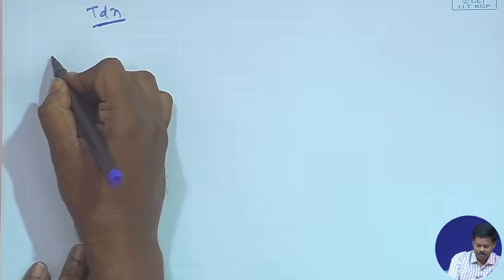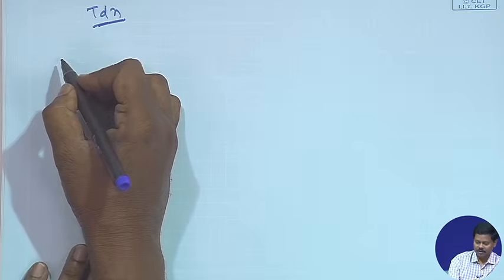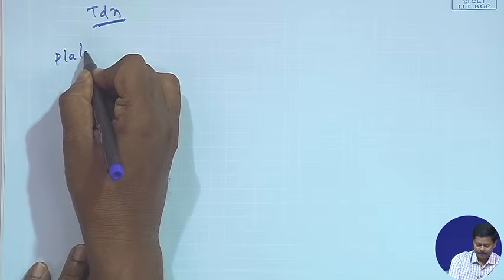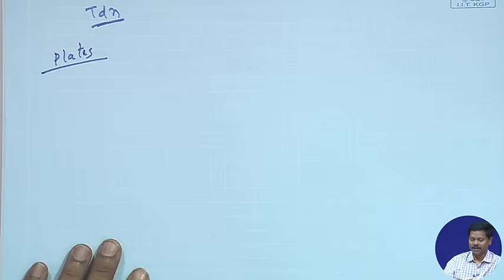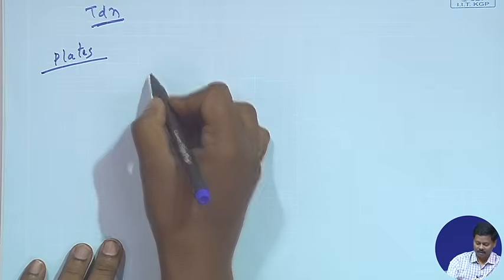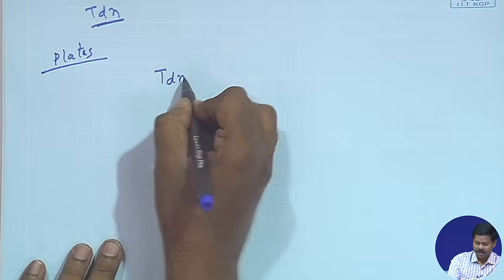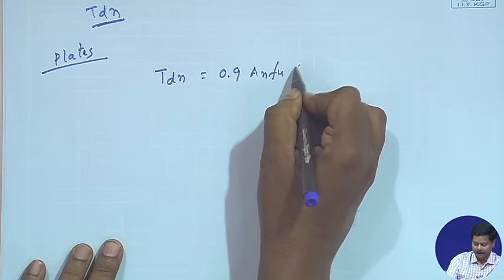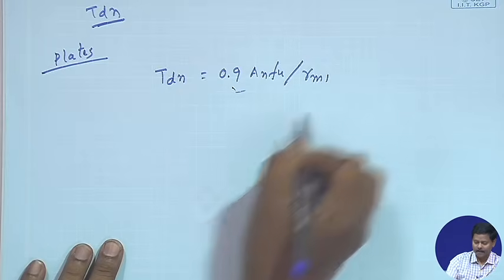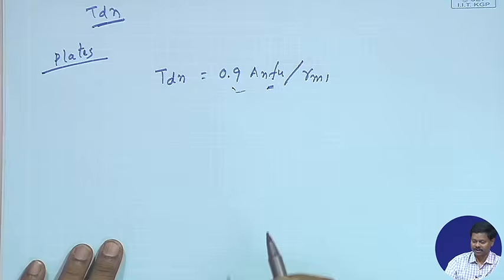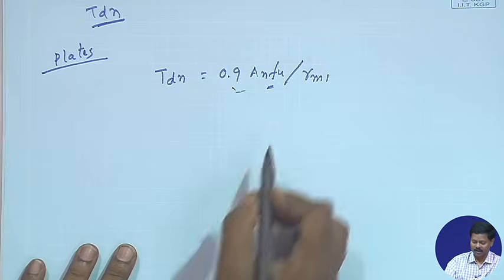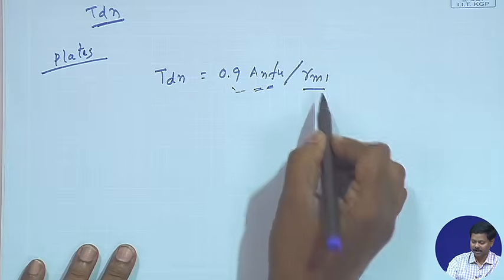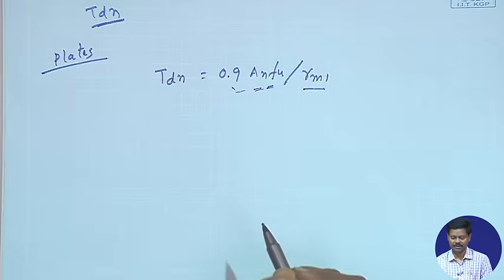This is given in clause 6.3, and in clause 6.3.1 you will get the design strength in tension of a plate. TDN is equal to 0.9 An Fu by gamma m1. Here Fu is the ultimate stress of the material, An is the net area of the cross section, and gamma m1 is the partial safety factor for failure in tension at ultimate stress.